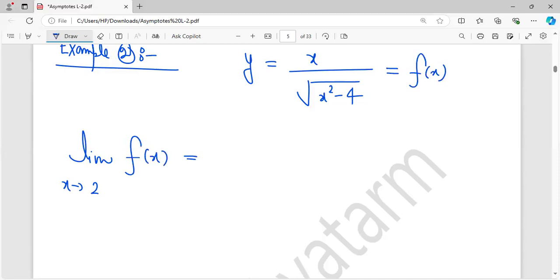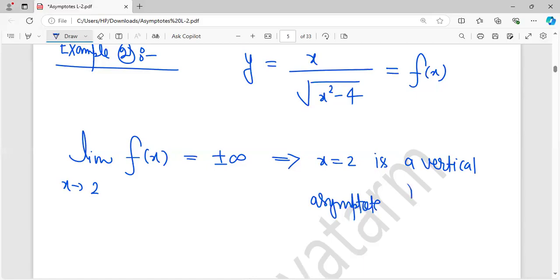This limit is nothing but plus-minus infinity. So this implies x = 2 is a vertical asymptote for the given curve.